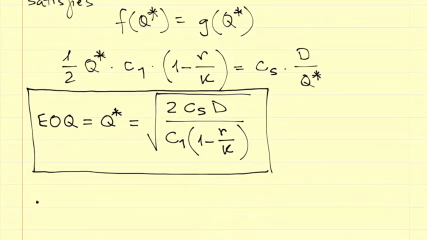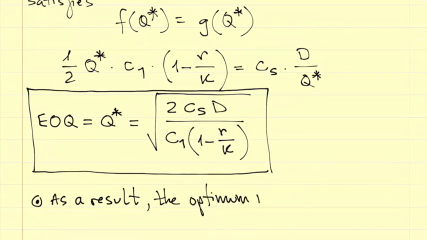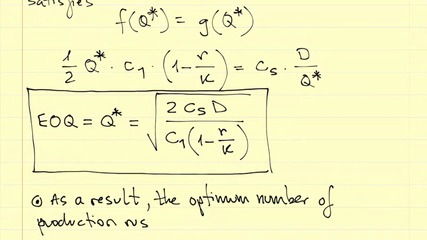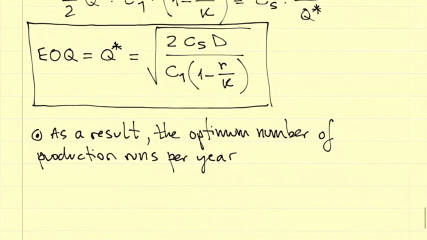So as a result, the optimum number of production runs per year, number n sub star, is D divided by Q star.